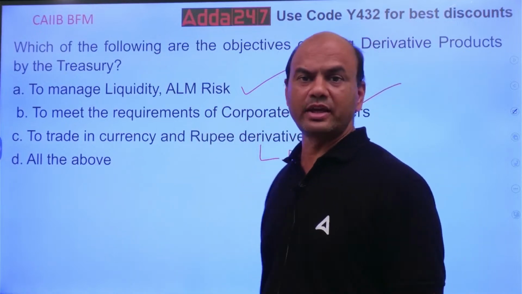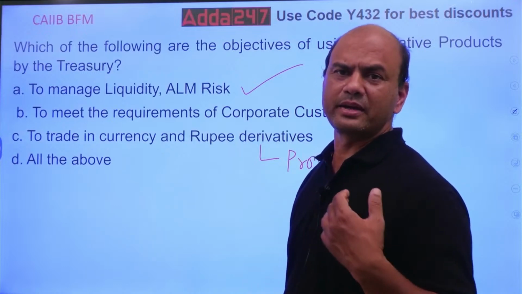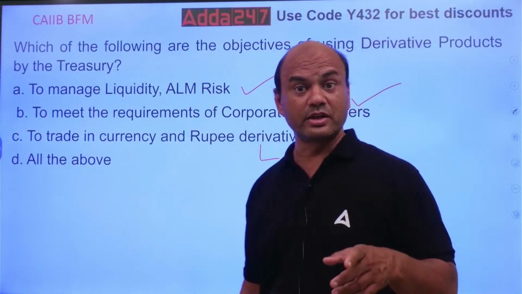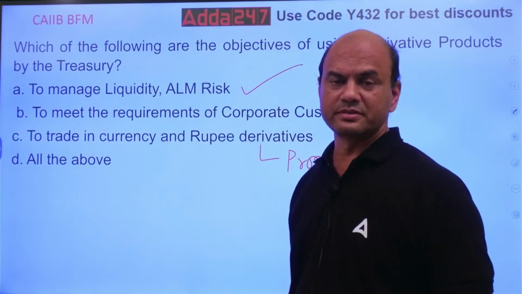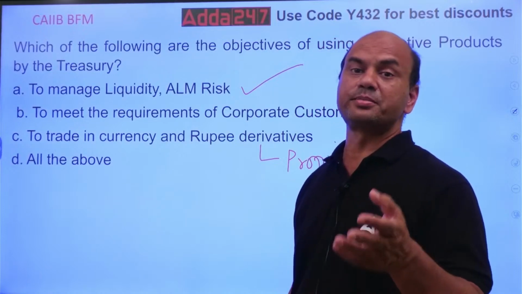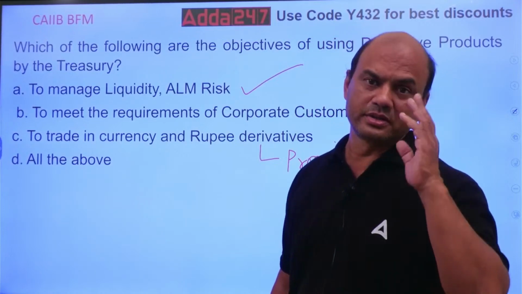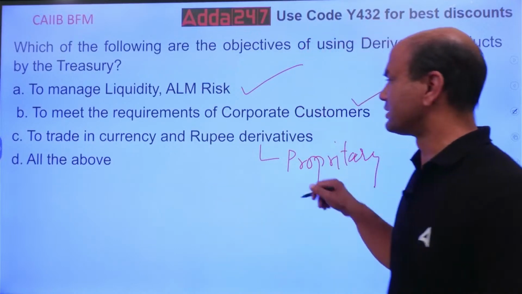That's it. Why? Because I know the market is going down. If I buy the put option at, let's say, 100 rupees, the put option's price will go from 100 to 300. So I earn in this. This is known as proprietary position.